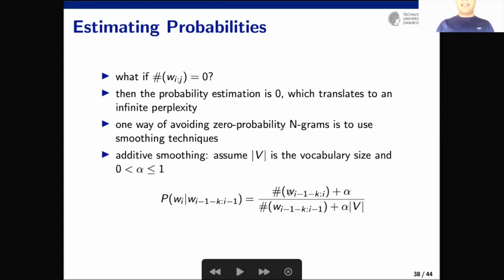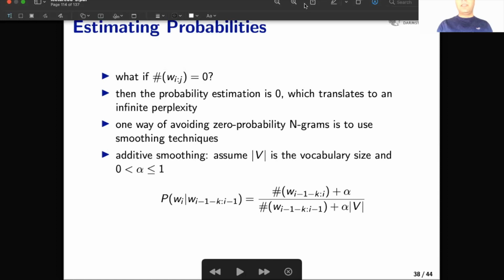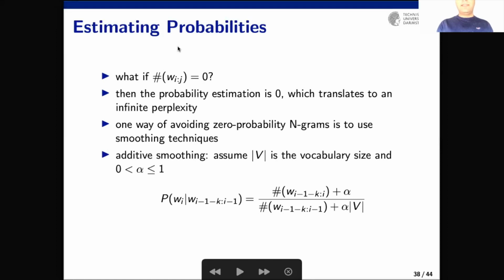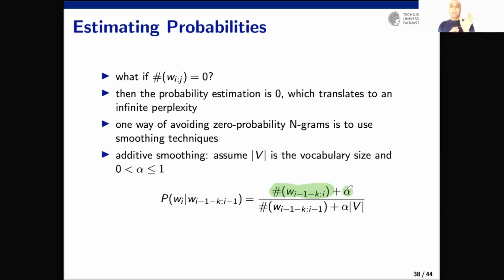So the idea is that if we say that this is the frequency of a sequence of tokens and it's going to be 0, what we do is that we add a parameter value here. So we add a small tiny number here, like alpha between 0 and 1, and then we use this sum as the numerator, right?